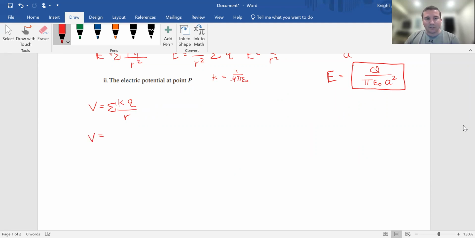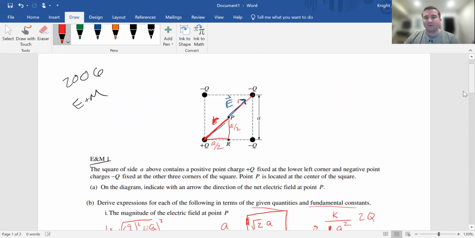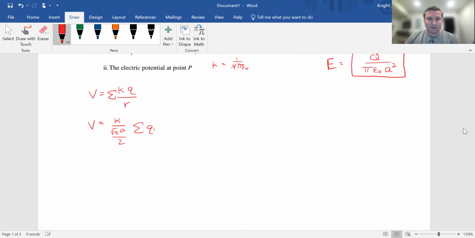So potential is going to be K over R. We can replace with the root 2a over 2 times the sum of the Q values. This one, the positive and negative Q's do matter. So we have 3 negative Q's and a positive Q.